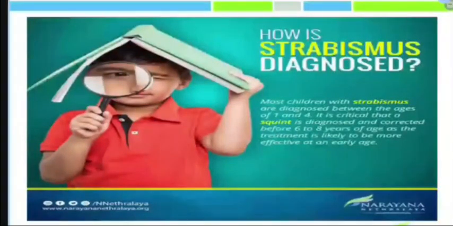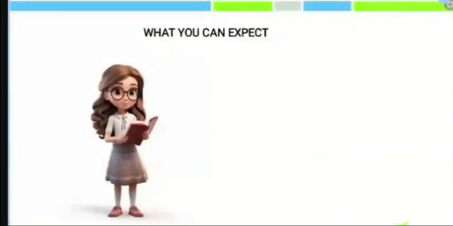We all know that deprivation amblyopia will end up at the critical age of 8 years.